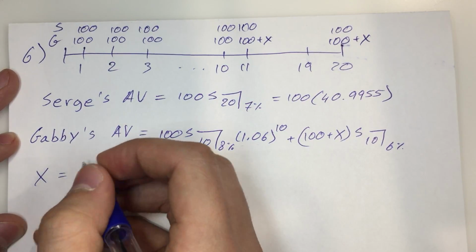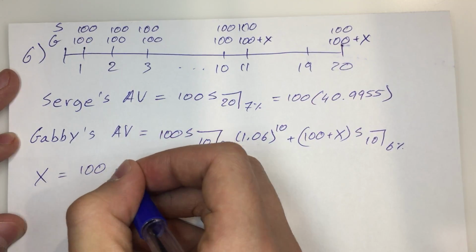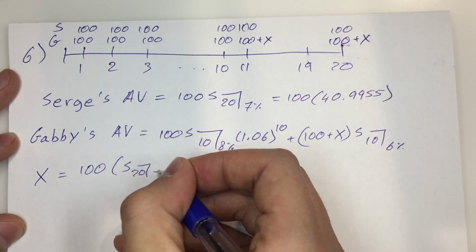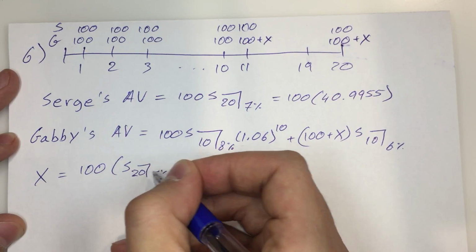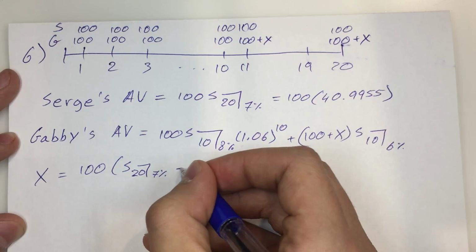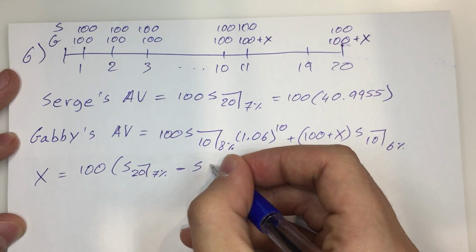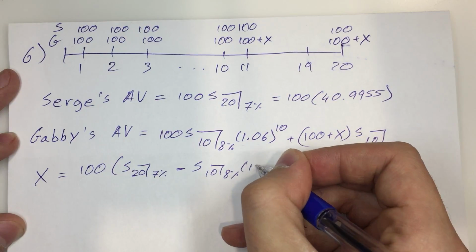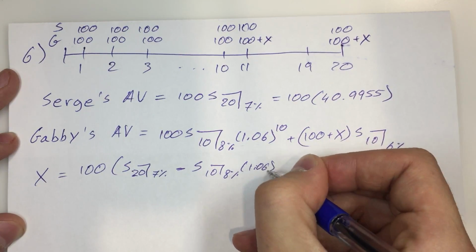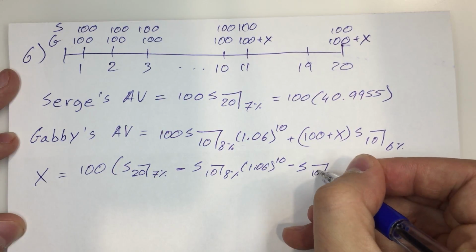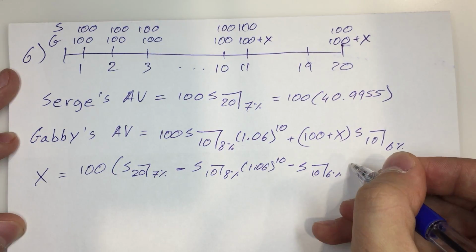X will then simply be 100 multiplied by S angle 20 at 7%, which is Serge's payments, minus 100 S angle 10 at 8% times 1.06 to the power of 10, minus 100 S angle 10 at 6%.